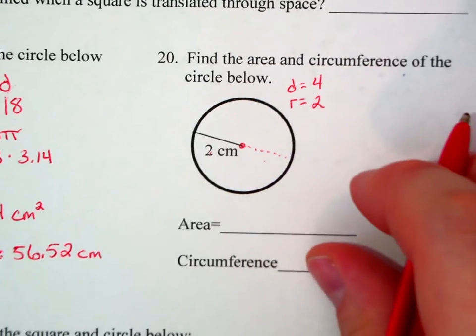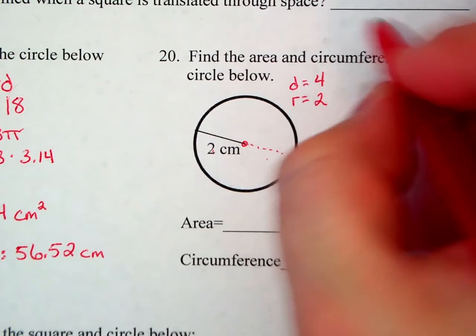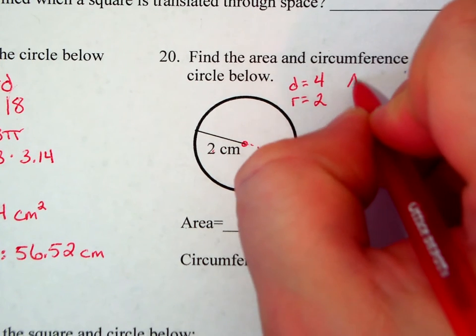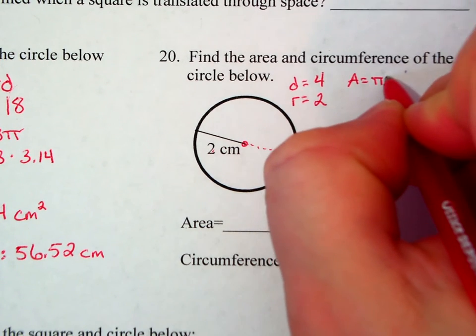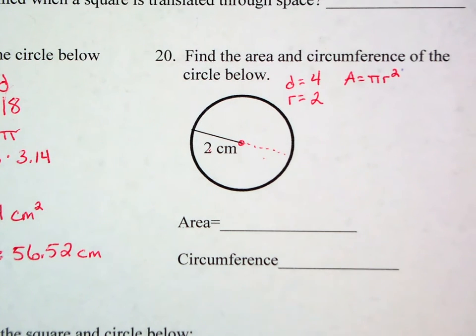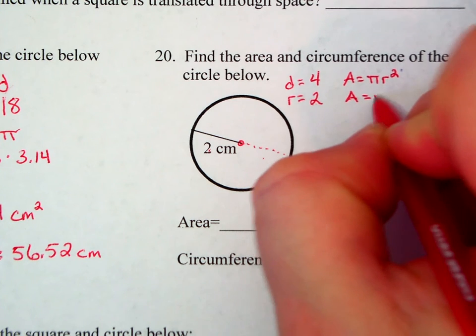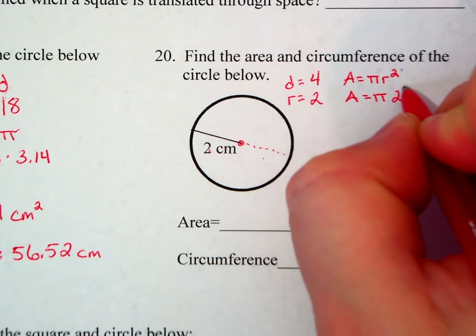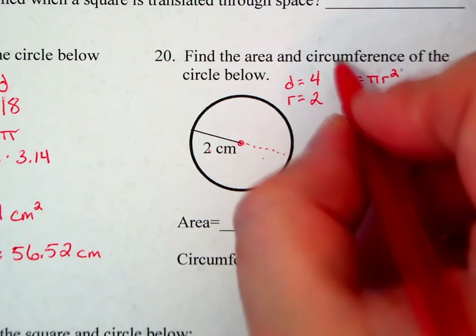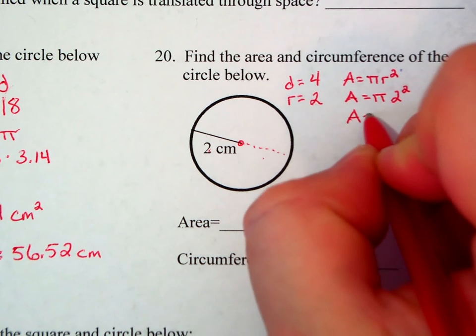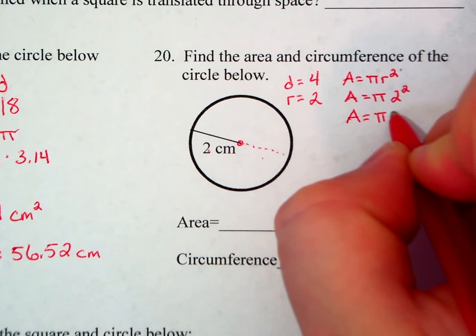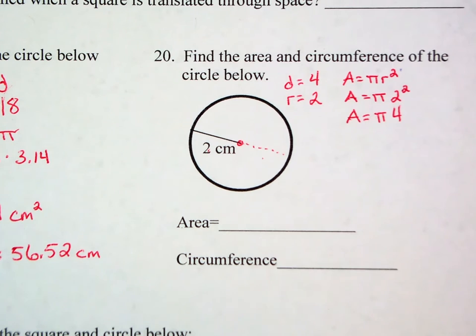Now I'm going to deal with my two formulas again. So let's start with area equals pi r squared. Our r value is 2, so area equals pi times 2 squared, which would give me an area of pi times 4.